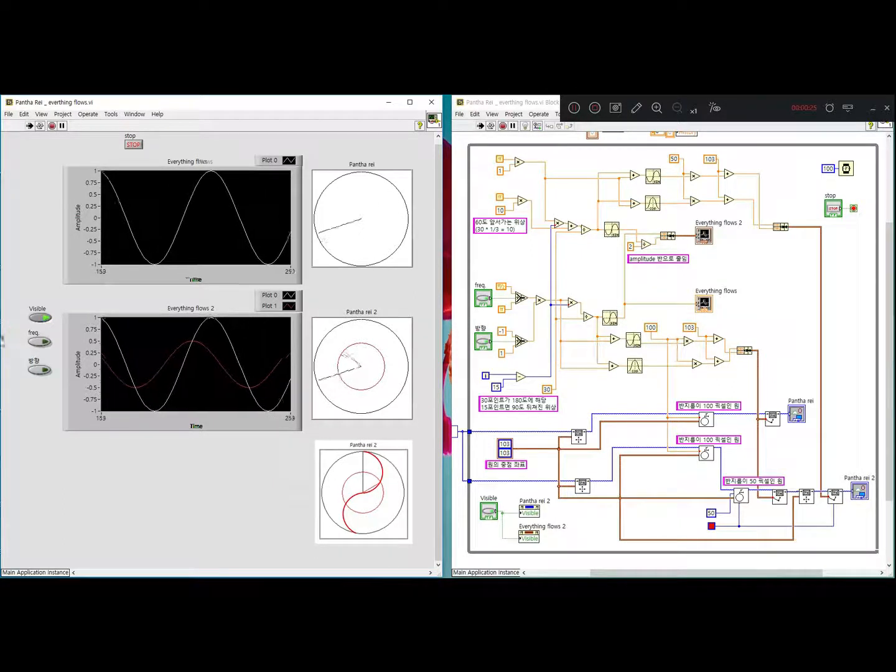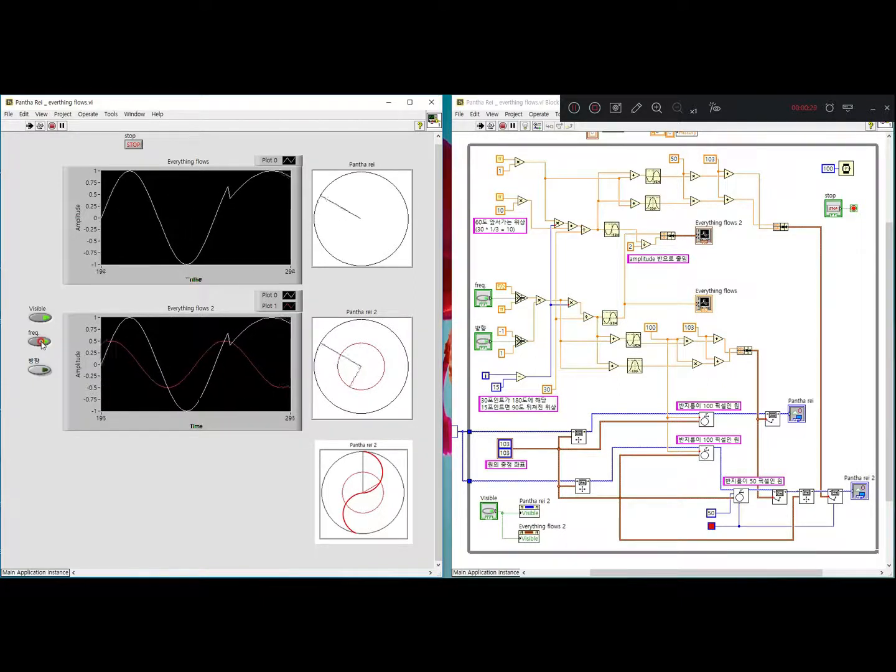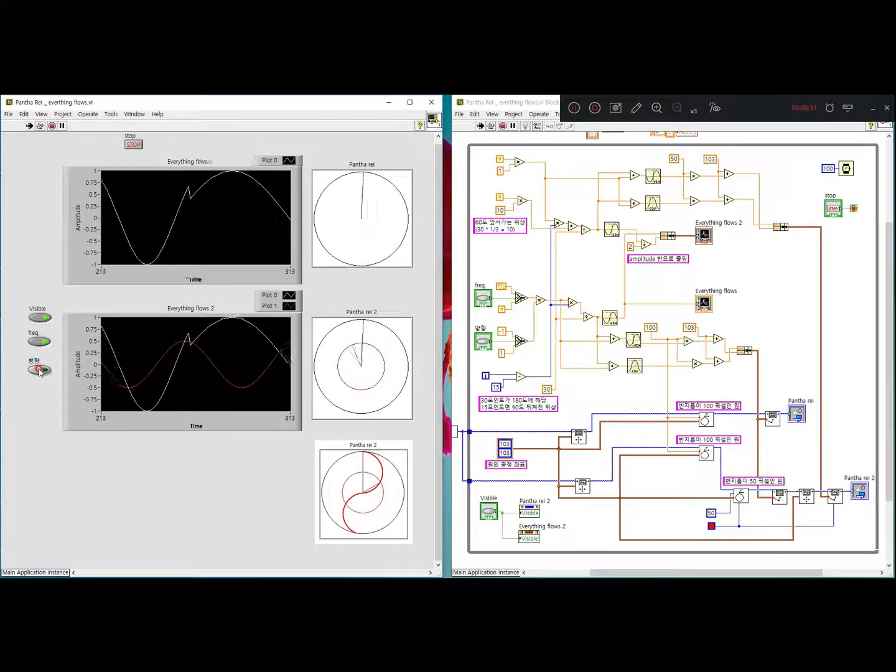I can change frequency and direction with just a small modification of initial parameters. It shows that from a rotation movement, various rhythms can be generated.